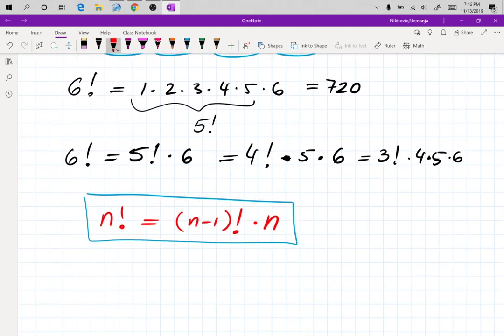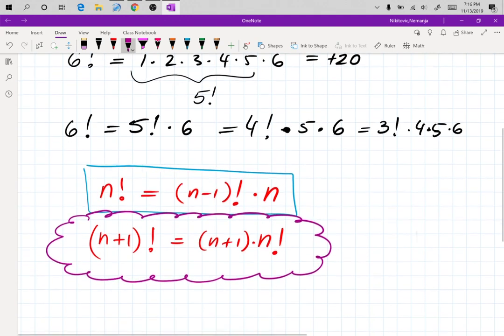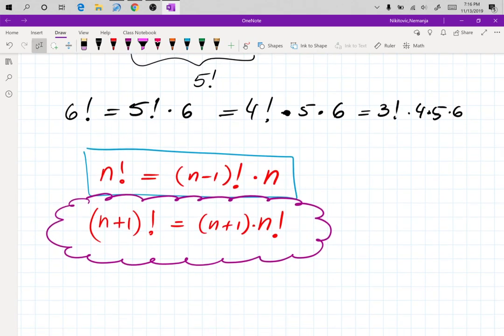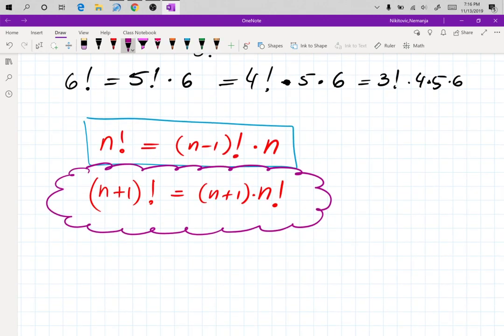Now you are going to see this mainly in the form of n plus 1 factorial is equal to n plus 1 times n factorial. Most of the time you're going to deal with this one, so I'm going to put this one in this purple cloud. This is simply peeling off the extra term to leave it on the n factorial scale.